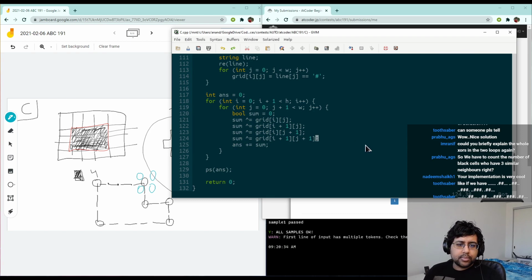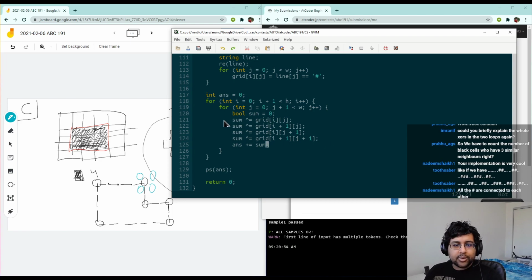So if it's 1 or 3 black cells, which is what we're looking for, then the XOR will be odd, and otherwise the XOR will be even. It'll be like 0, 2, or 4. Or, well, the XOR will always be 0 or 1, but it's like taking the sum mod 2, basically.